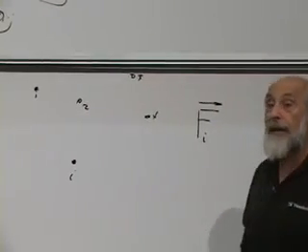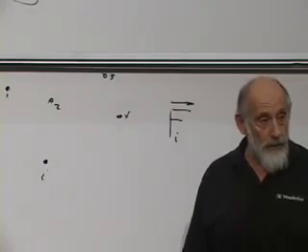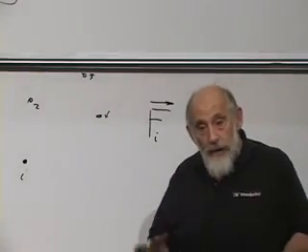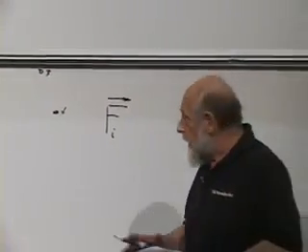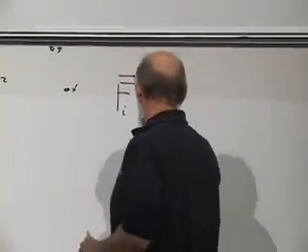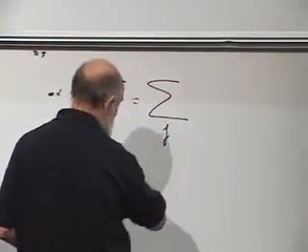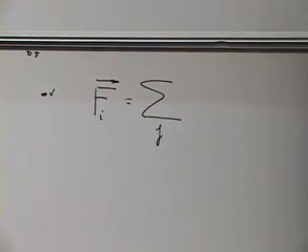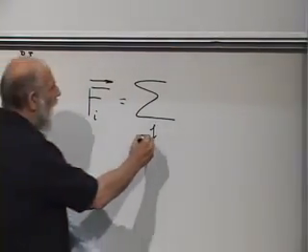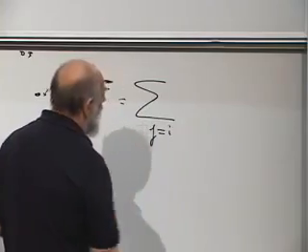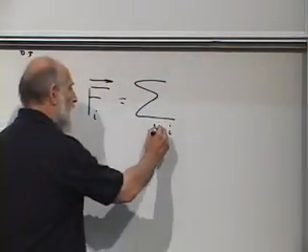Gravity does work that way, at least in the Newtonian approximation. With Einstein, it breaks down a little bit. But in Newtonian physics, the force is the sum. And so it's a sum over all the other particles. Let's write that j not equal to i. That means it's a sum over all j not equal to i.